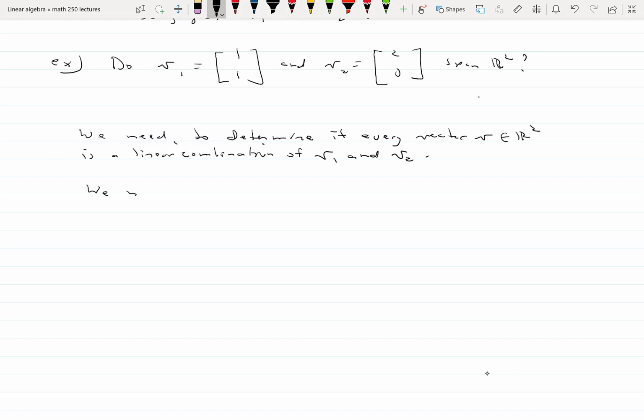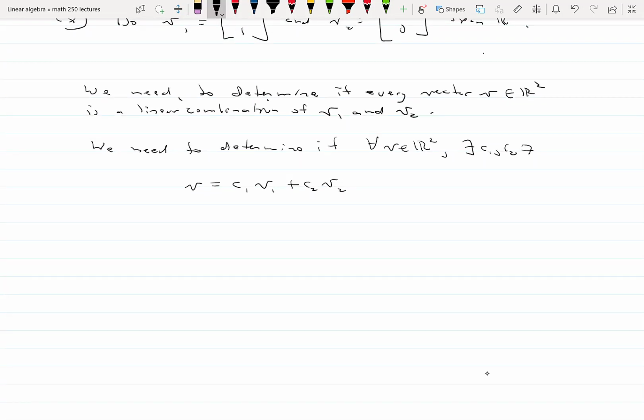We need to determine if for every V in R2 there exist constants C1 and C2 such that V equals C1 V1 plus C2 V2.